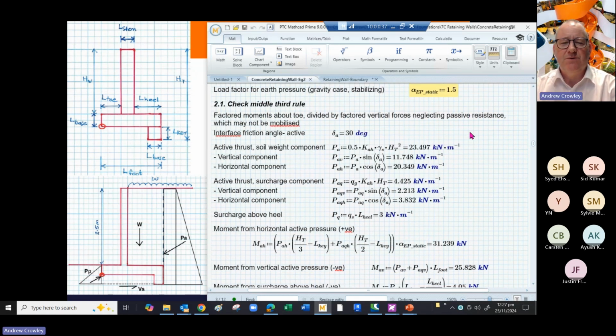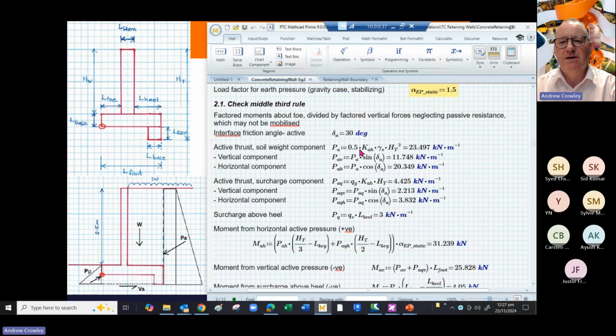Okay, so first we need to check the middle third rule. We do this by taking moments about the toe. That's that point there. And so we work out what the active thrust is. Our PA is worked out as the coefficient of active earth pressure multiplied by the soil unit weight multiplied by the height of the retained soil squared.